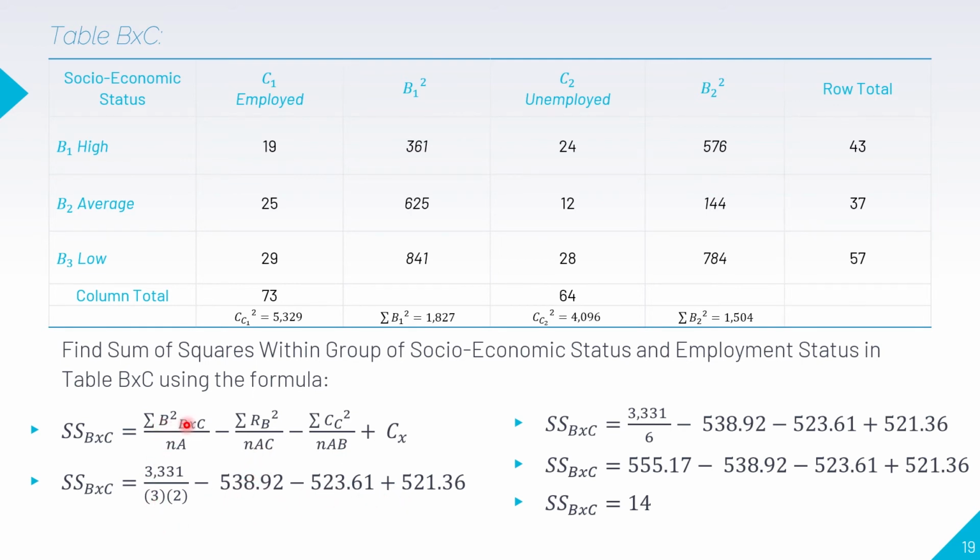So in finding this value, we just need to add the B squared, summation of the B squared. So we have 3,331 over 3, N is 3, our A is 2, the educational attainment, the college and the undergraduate. So 3 times 2 is 6. So we divide this by 6. And we have 555.17 and minus this 2 plus the CX. And we have our summation of B by C equals to 14.